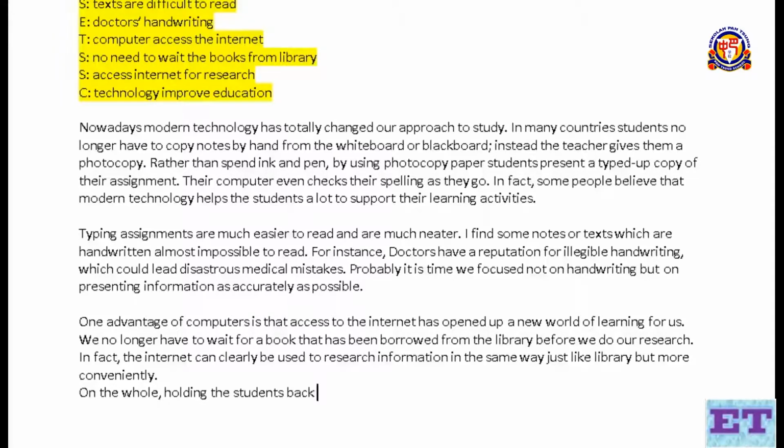Modern technology needs to be used to improve the education or the standard of education, right?